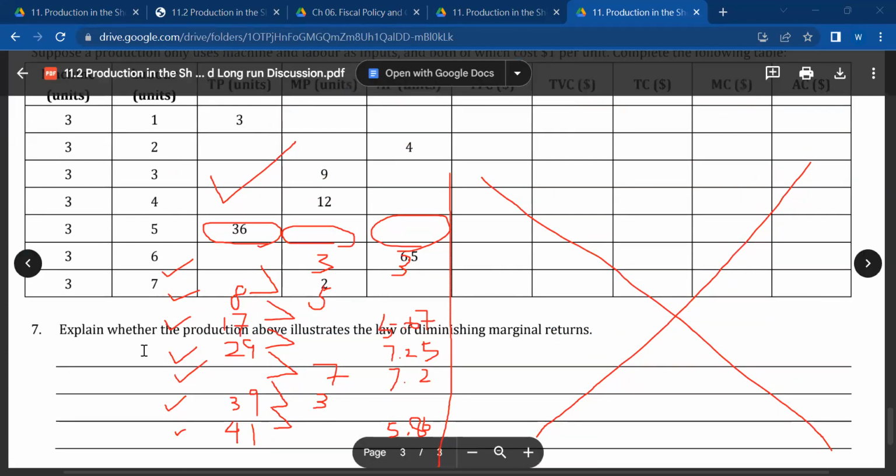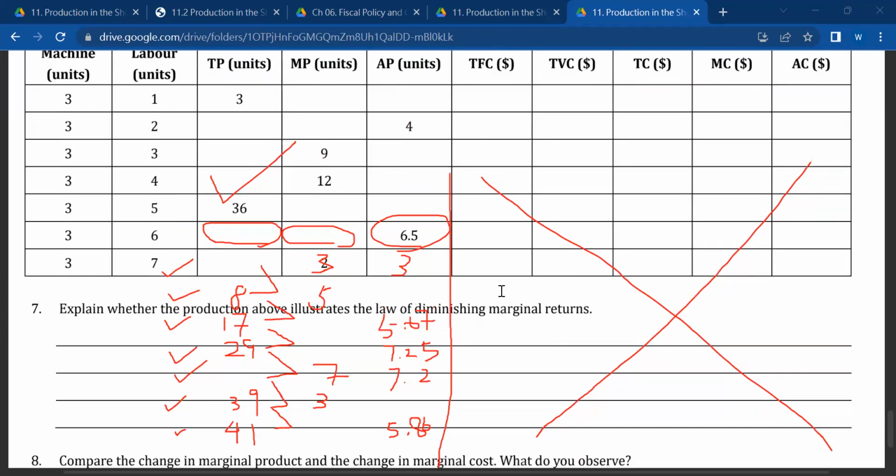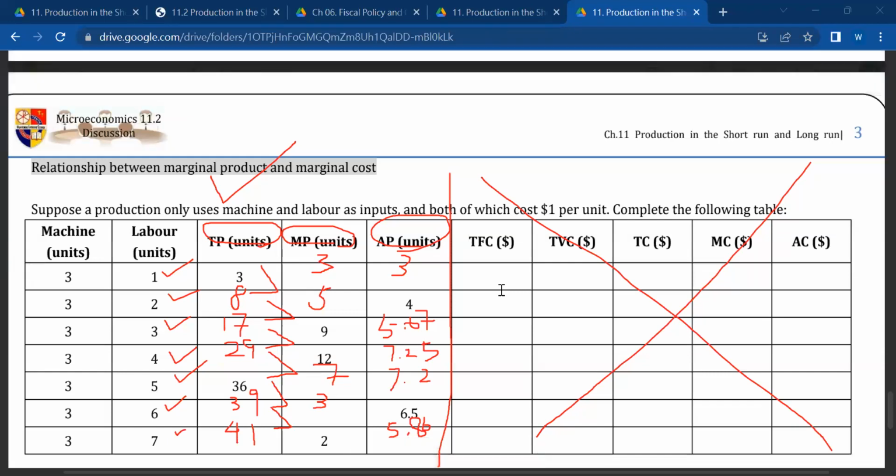Explain whether the production above illustrates the law of diminishing marginal return. Do you still remember how to classify whether it illustrates the law of diminishing marginal return? The first thing to remember is to see whether it is in the short run.